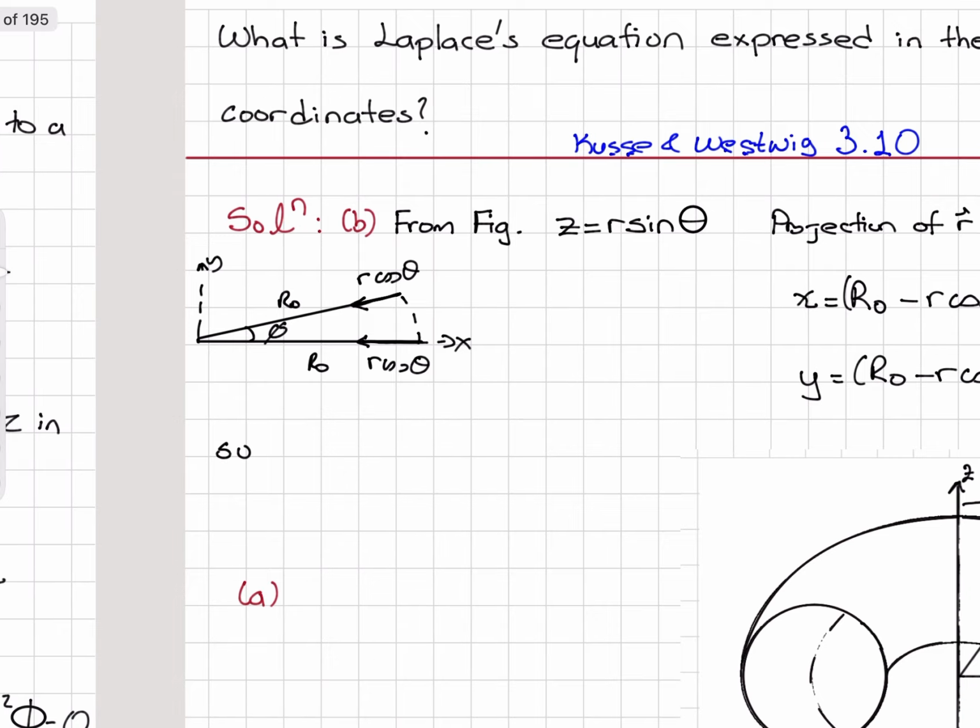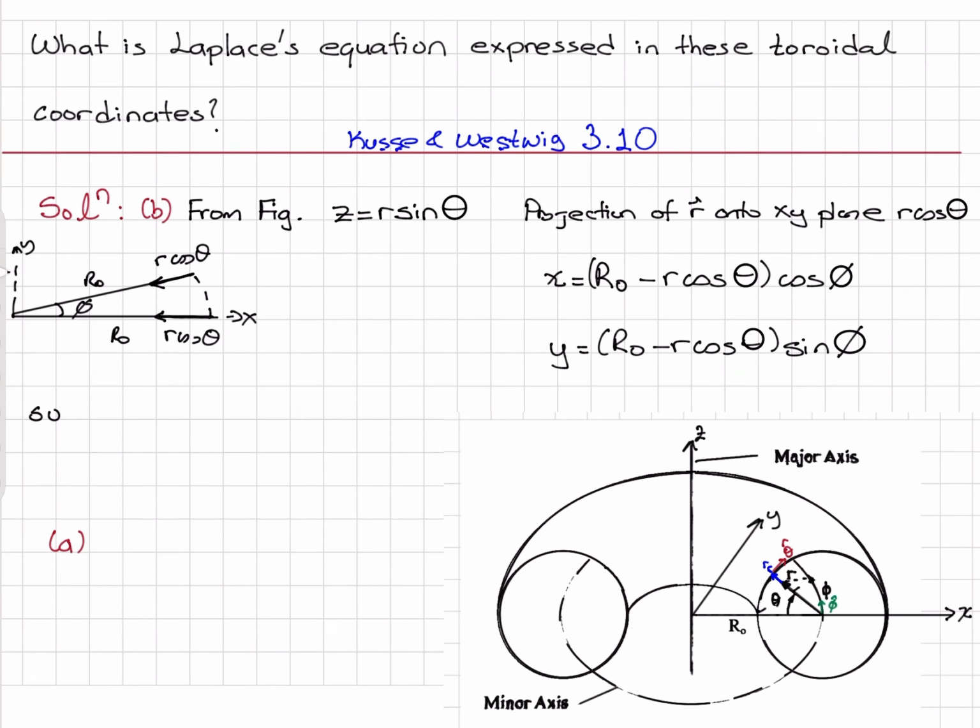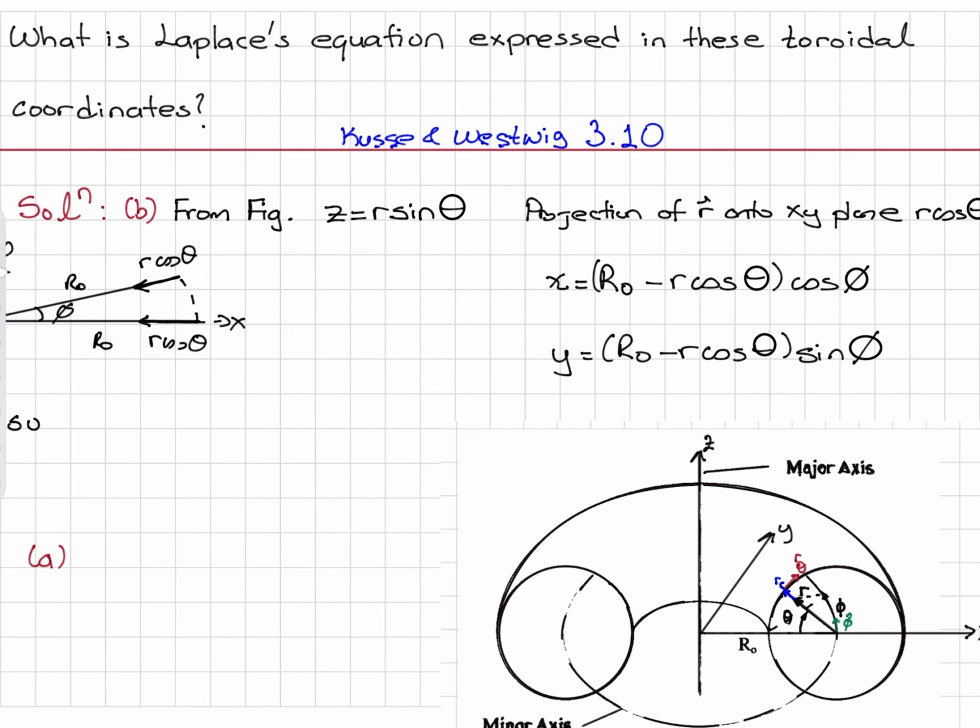So we can summarize these equations here. X, the Cartesian x-coordinate is r0 minus r cosine theta cosine phi, because phi is the angle the projection on the xy plane makes with respect to the x-axis.